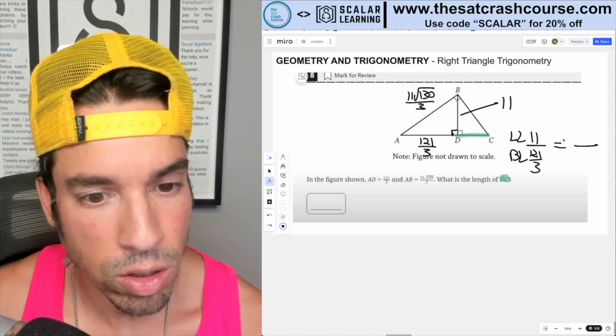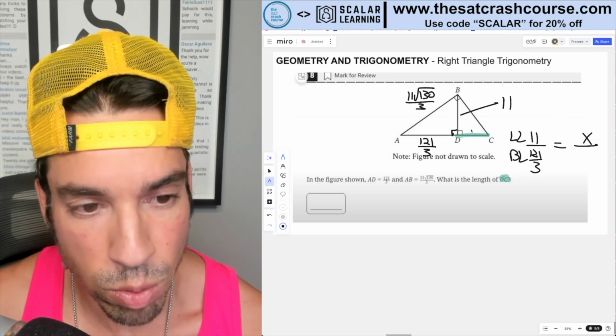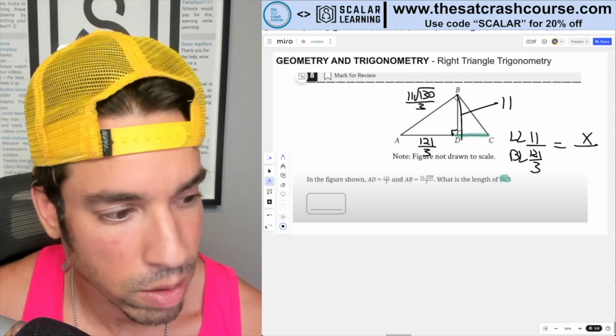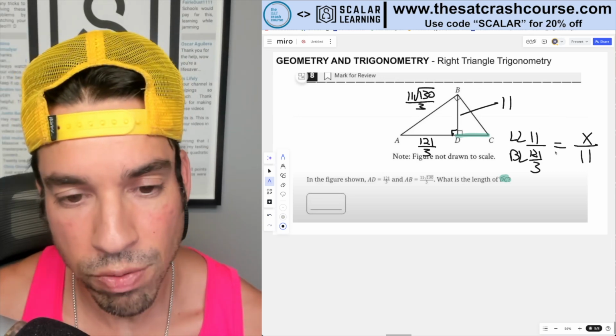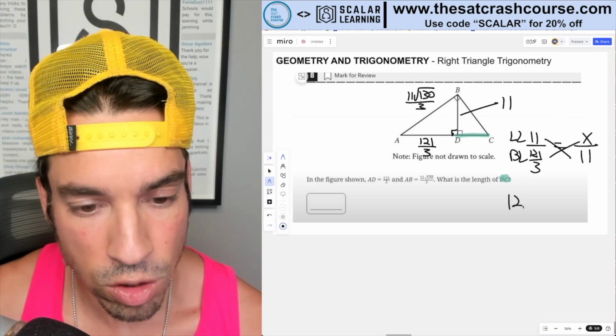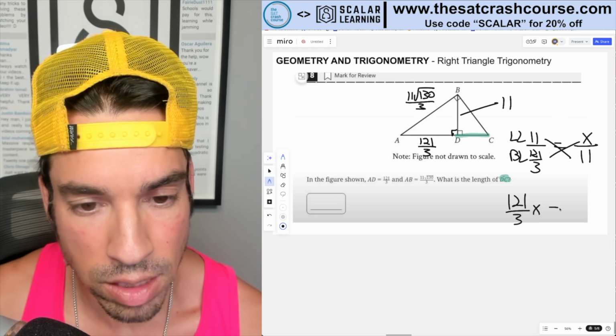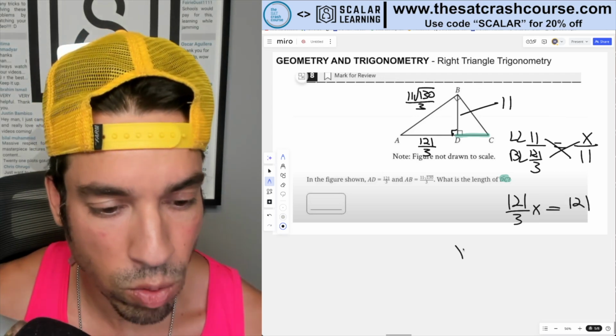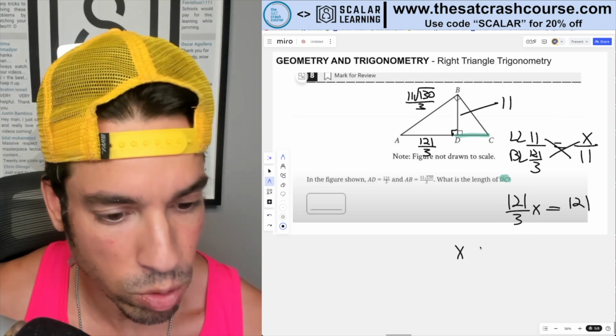We're going to say little leg on top, which is my unknown, which is what we're solving for, over the medium leg of the small triangle, which is BD, right? And now we have this beautiful proportion, and now we can cross multiply and solve for x. So x times that is 121 over 3x equals 11 times 11 is 121. To isolate, we're going to multiply by the reciprocal of this, which is 3 over 121.